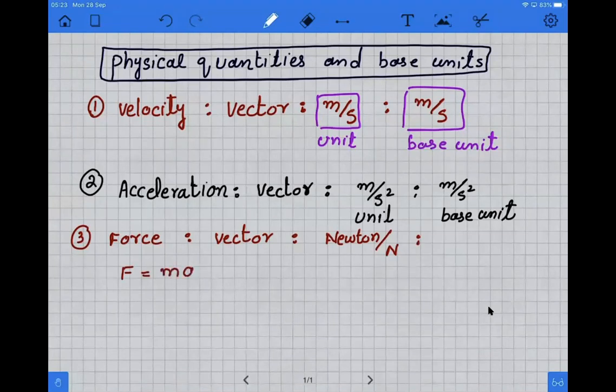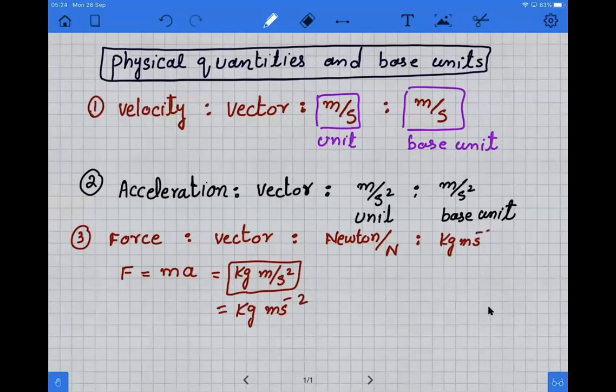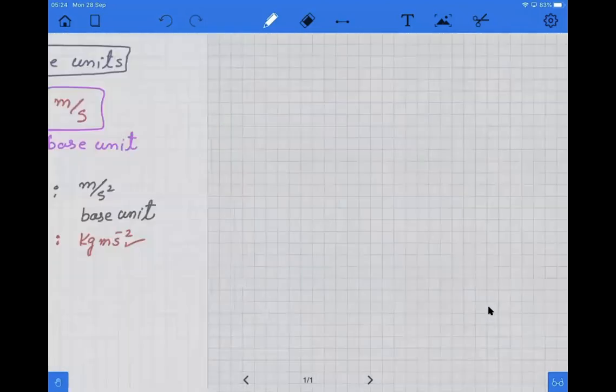Force can be written as mass times acceleration. Mass is kilogram and acceleration is meter per second square. So it will become kilogram meter second minus 2. So base unit of force is kilogram meter second minus 2. This is the third quantity that we have to complete.